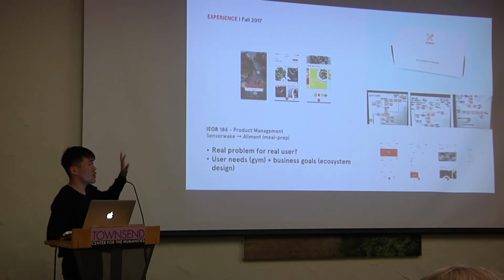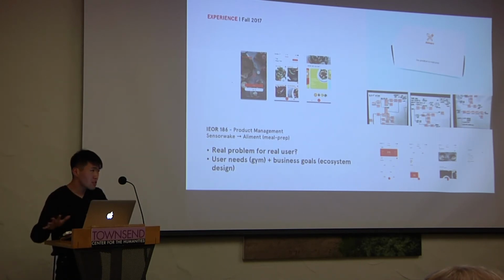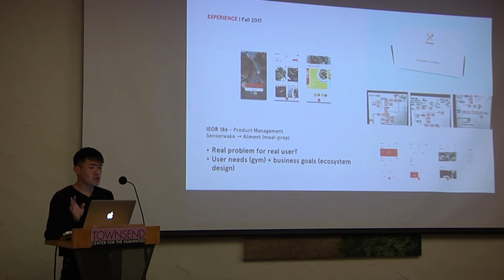And the other thing that was very interesting about this course was really understanding the business aspect of product design and product management, specifically ecosystem design. So when I came into this class, I thought, okay, I'm just going to be the product designer and work on the UI and UX components. But some things that I neglected to think about were, okay, what about the cooks who will be cooking the actual food? How will delivery look?